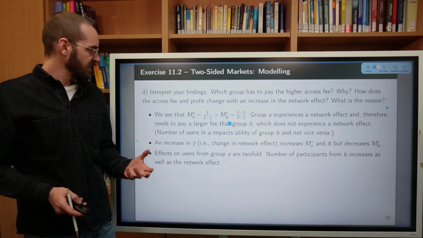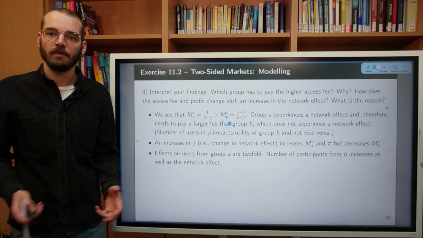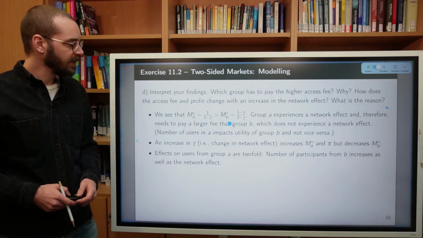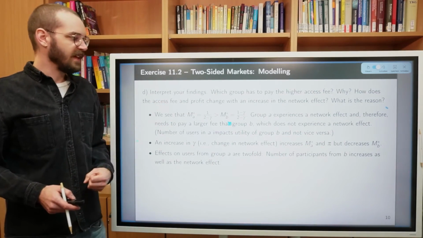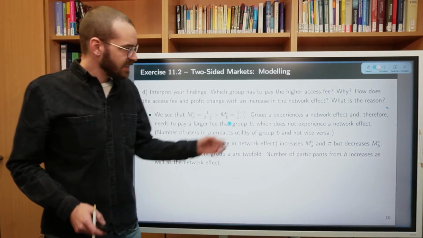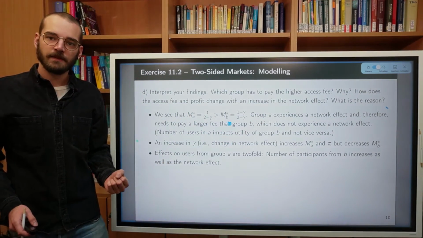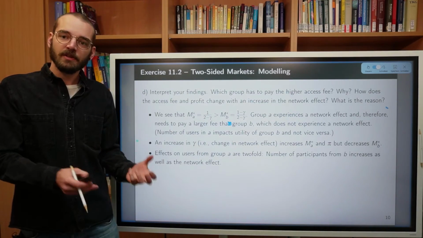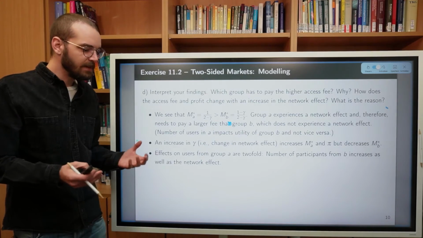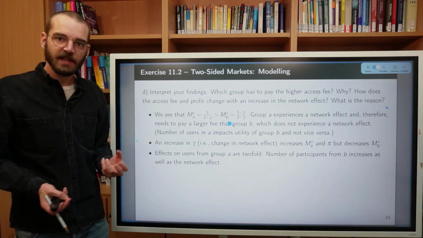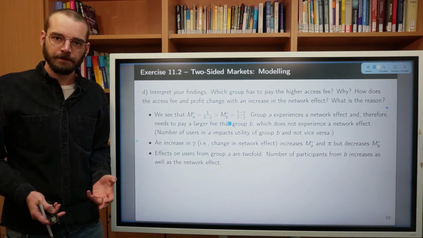Just go back to the simplifying assumptions we imposed onto the model earlier, to convince yourself that in fact group A is the one that experiences a network effect, and because group A is the one that experiences a network effect, it makes intuitive sense, I believe, that group A also has to pay a larger membership fee.